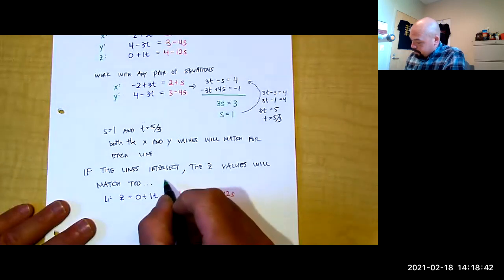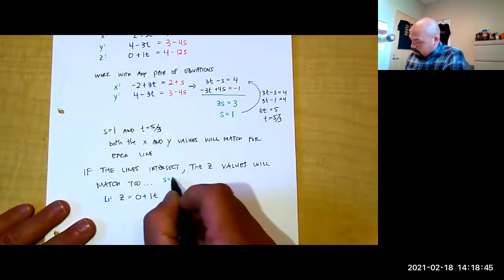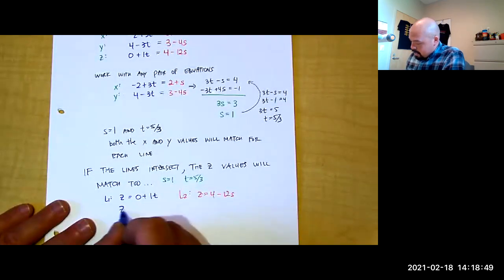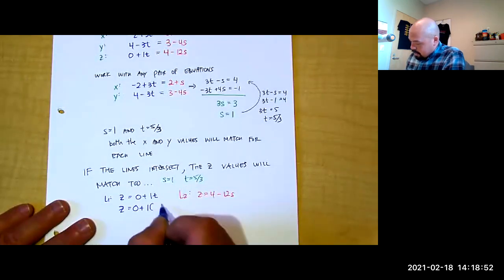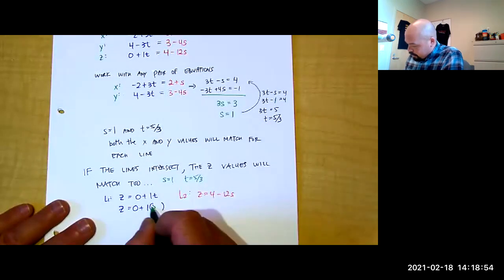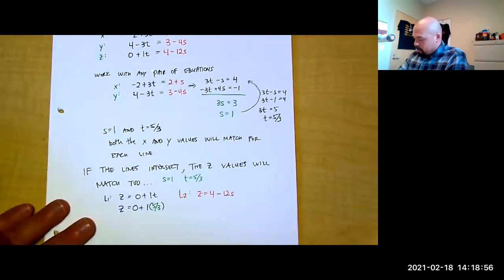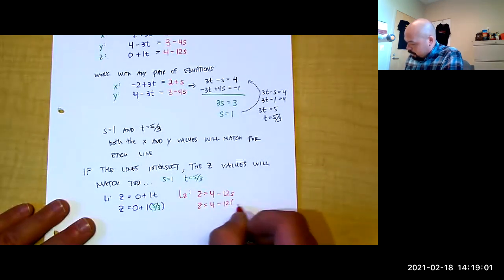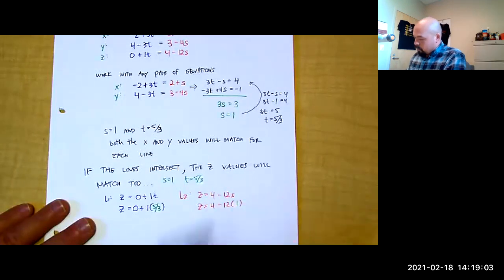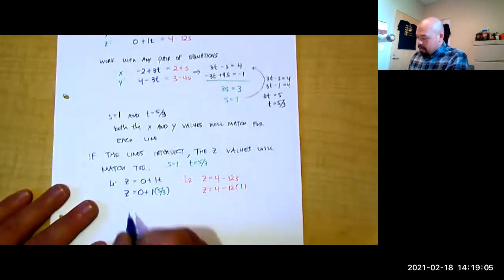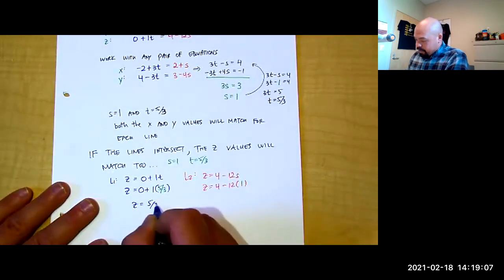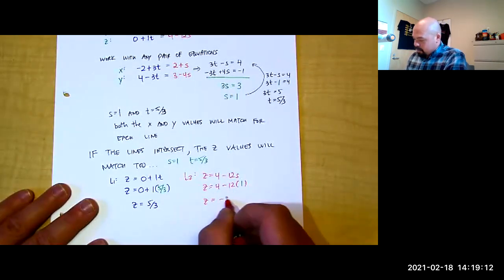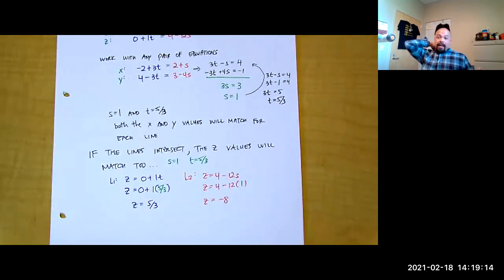So with s equals 1, t equals 5/3, plugging in, t was 5/3. Already I'm seeing this isn't going to work for me, unfortunately. Right, so on line 1, my z coordinate is 5/3. The z coordinate here, 4 minus 12, is -8. So those don't match, right?